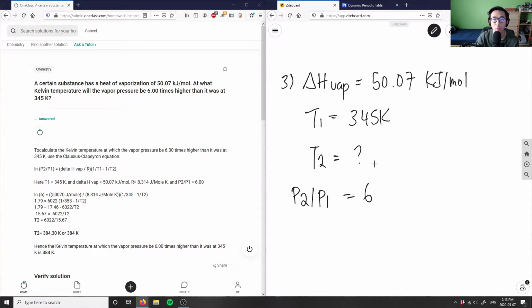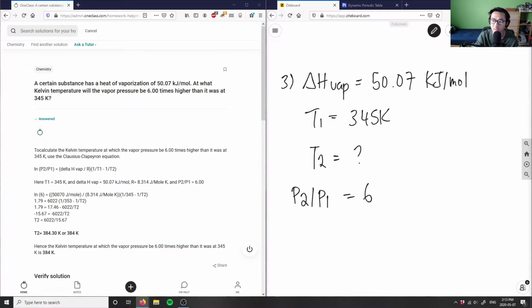Now looking at all this, what kind of equation can we use to relate our heat of vaporization with our temperature and our pressure? In the solution, it says we're going to use the Clausius-Clapeyron equation. And basically this equation relates all of these together, right?